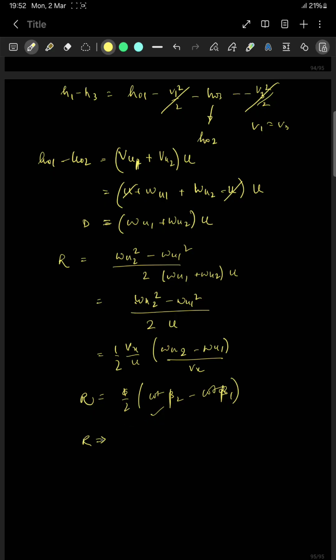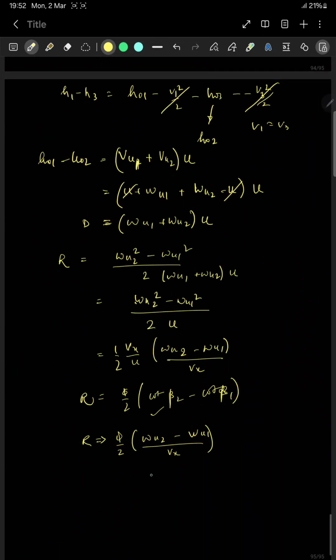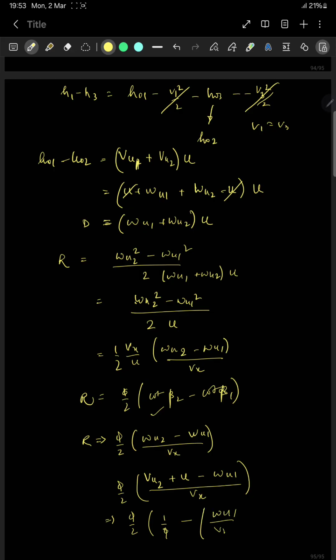R is phi by 2 into wu2 minus wu1 by vx. wu2 we can write as vu2 plus u, so vu2 plus u minus wu1 by vx, phi by 2, and this is 1 by phi minus wu1 by vx minus vu2 by vx.